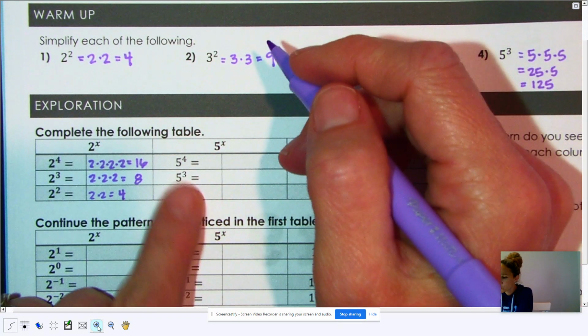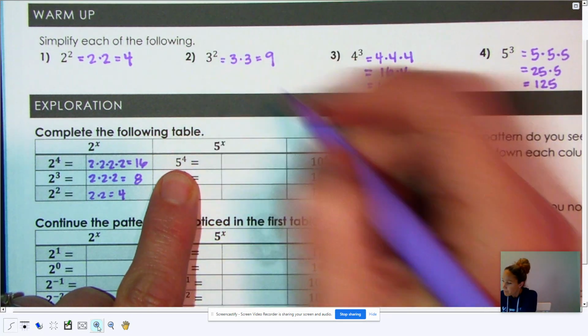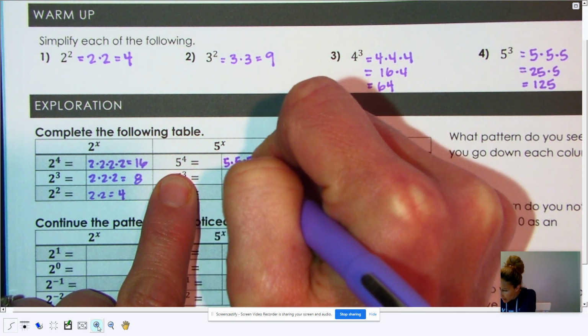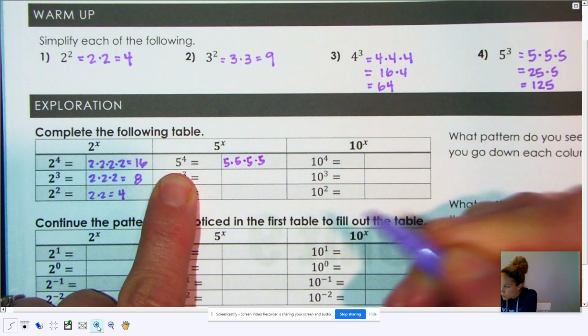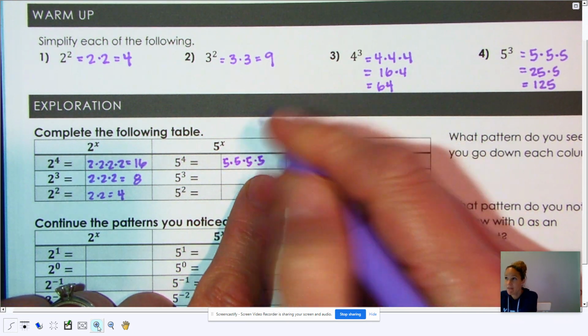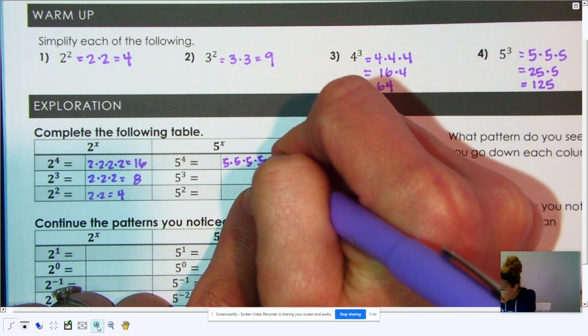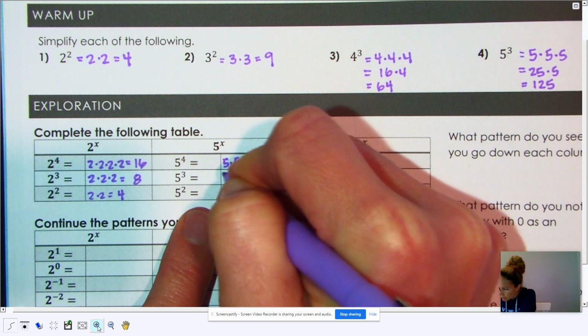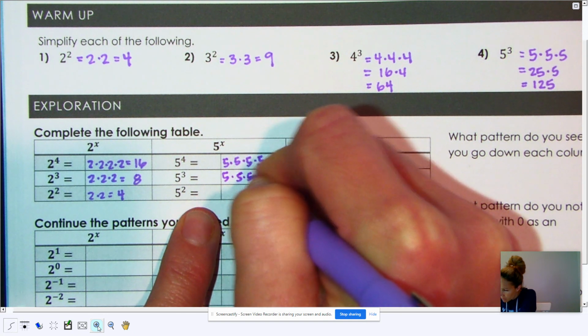Let's see if that holds true for the 5s. 5 to the 4 would be 5 times 5 times 5 times 5, which would be, we already know that the first 3 of them make 125. And if I have that 5 times, I get 625. And then I would do 5 times 5 times 5. We already did that in our warm-up.